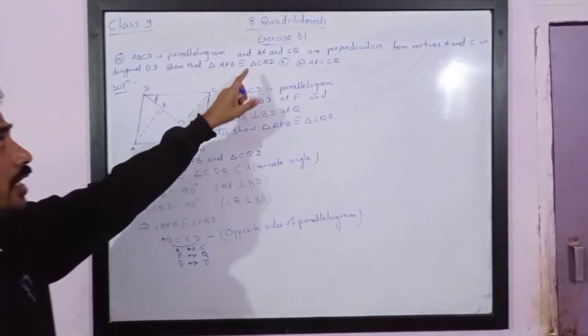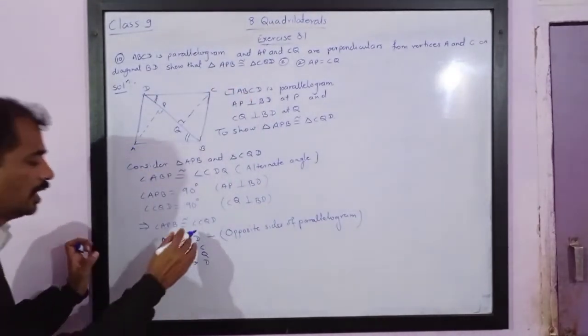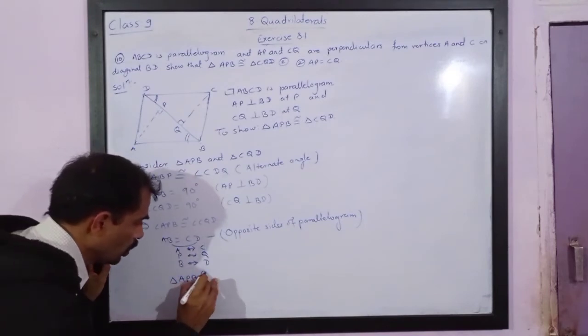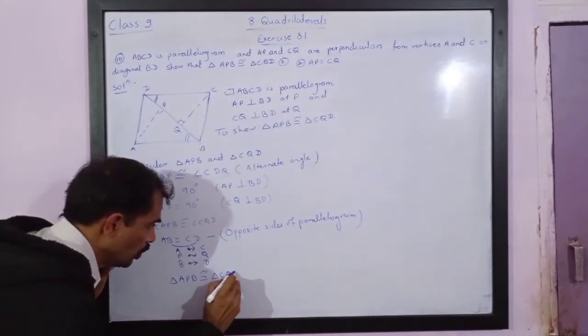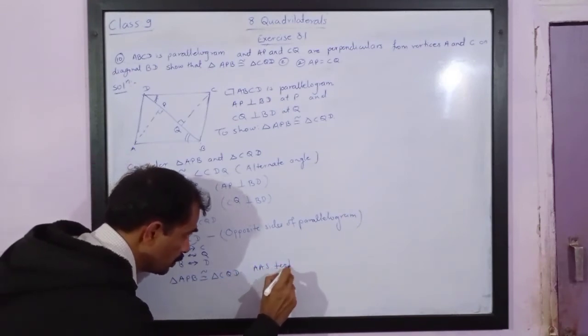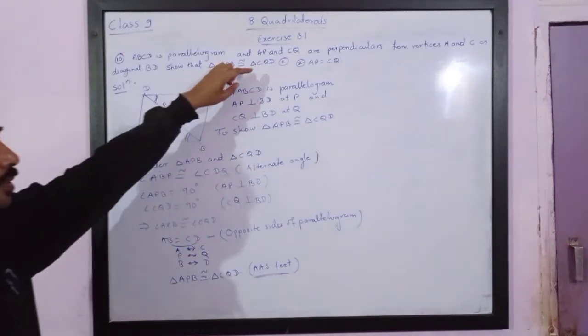Reason is I wanted to write APB. So I will get triangle APB congruent to triangle CQD by the angle-angle-side test. So the first part is proved.